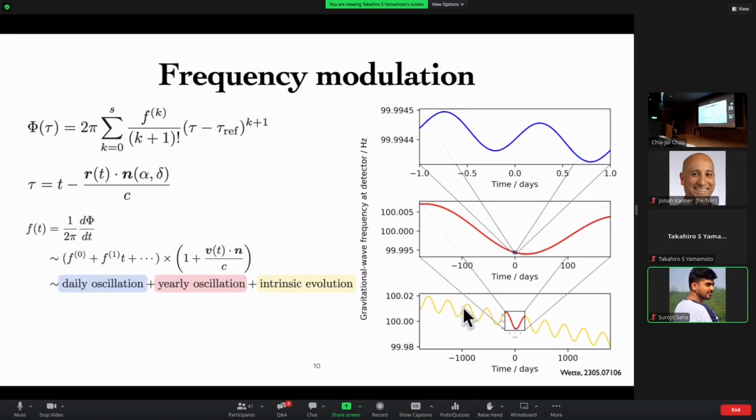We see this annual oscillation, and the trend that the frequency is gradually decreasing. This is an intrinsic evolution, like for example a pulsar whose period is gradually changing, and it corresponds to this trend. So to detect the continuous gravitational wave, we need to resolve such hierarchical frequency evolution characteristics.